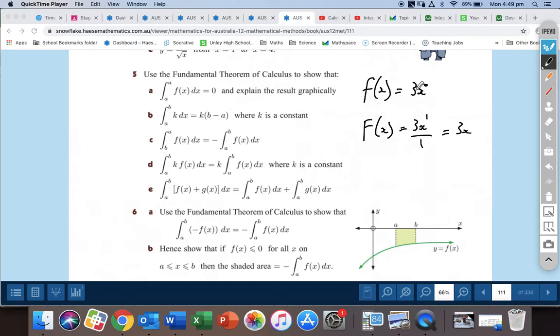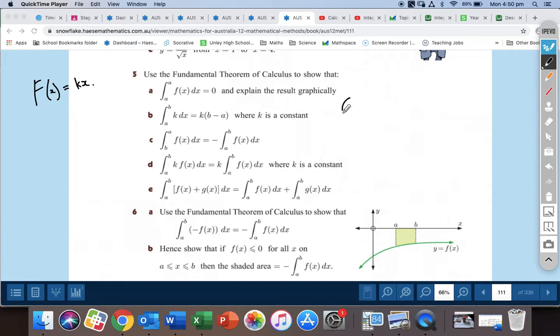So when you've got a number or a constant, they've just called it k, so if you've just got k, it means your antiderivative would be kx. Okay? So let's use that. Might just write it over here. The antiderivative for 5b is kx.